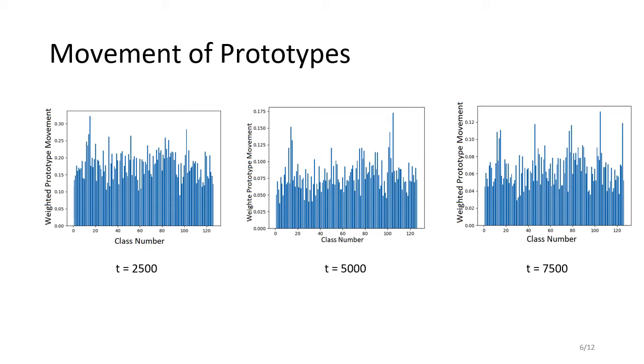It can be noted in each of these graphs that the per-class movement of the prototypes is different for each of the classes, which says that the prototype adaptation rate for each of the classes is different, and there will be some classes which have a prototype adaptation rate greater than the mean, and some which have a prototype adaptation rate smaller than the mean.